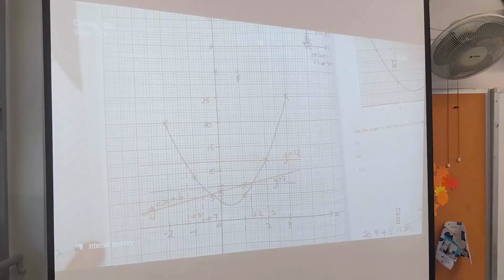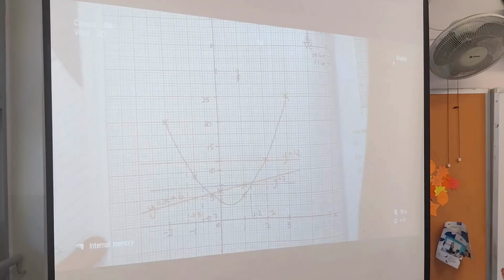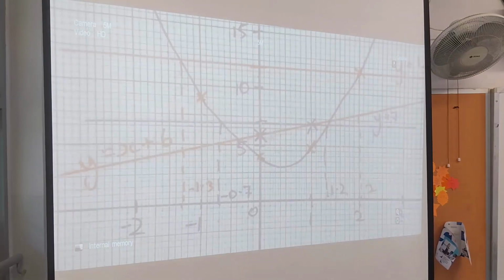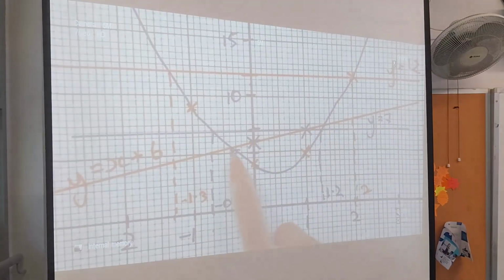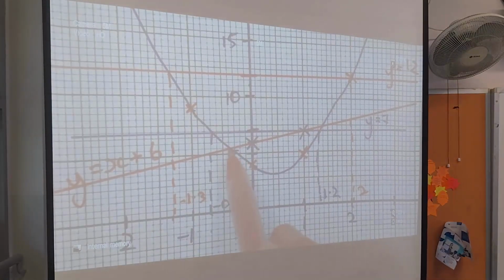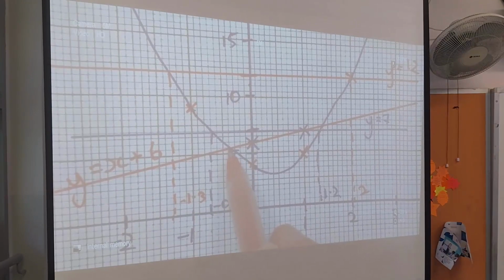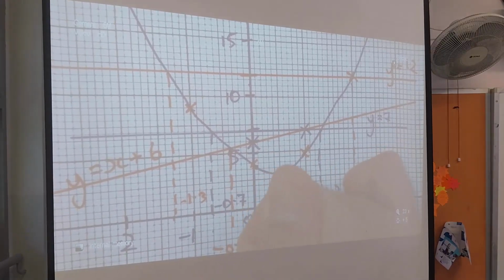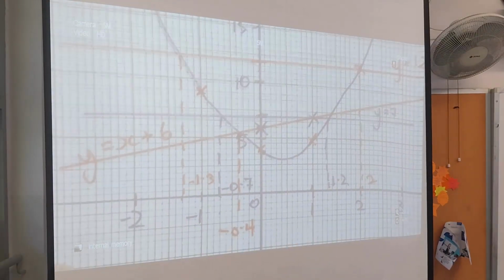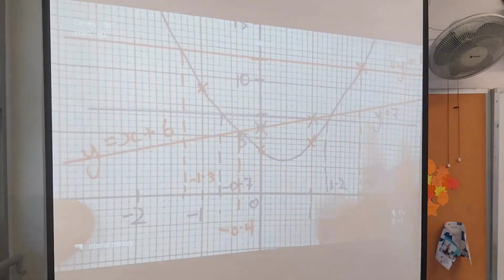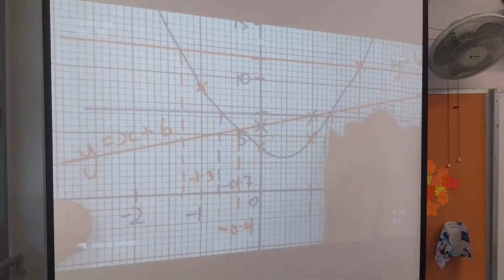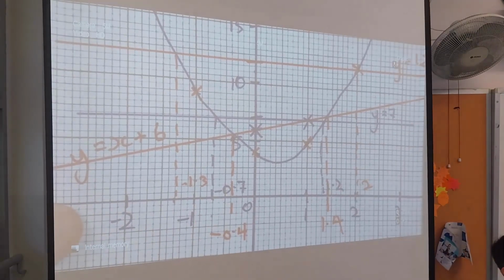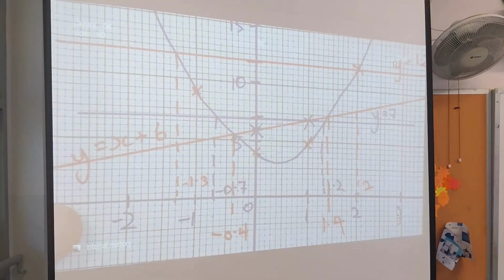It's getting a bit messy, so I'll zoom in a little bit. I will cut at this point here. This is negative 0.4, a bit messy already. And this point here will be 1.4. Yours may be different by like 0.1 only. So these will be the two final answers.